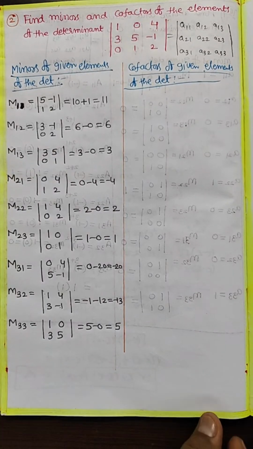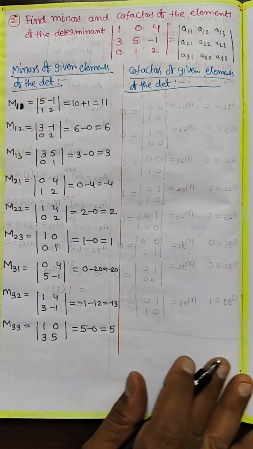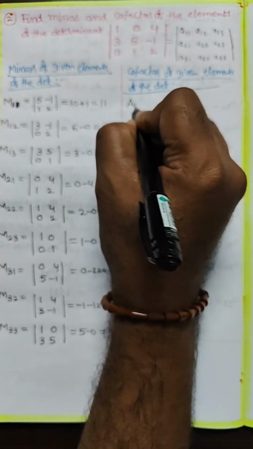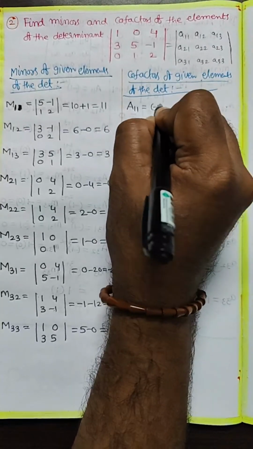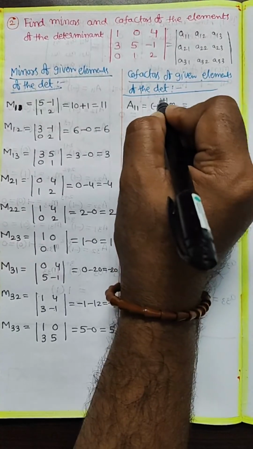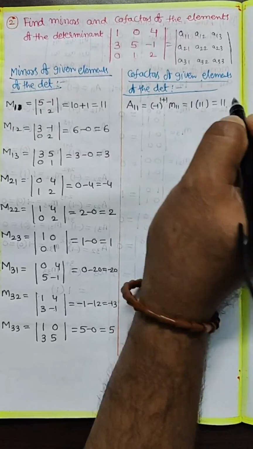So after calculating these minors, we will calculate the respective cofactors. Cofactors are denoted by capital A11. So minus 1 whole power 1 plus 1 into M11, which means plus 1 into 11, that is equal to 11.